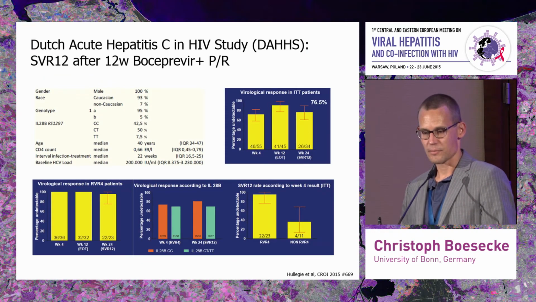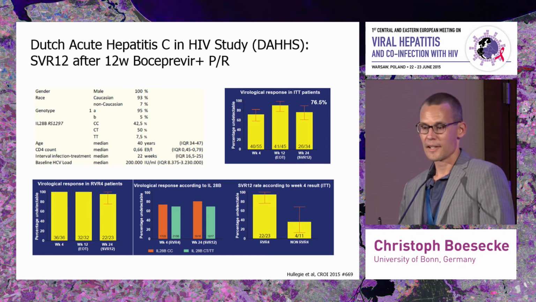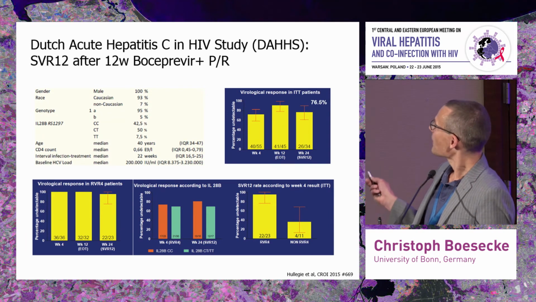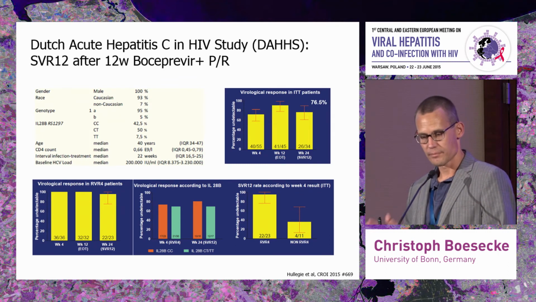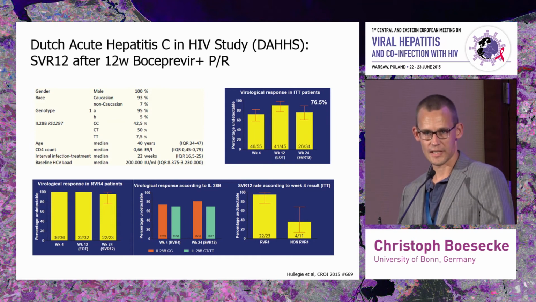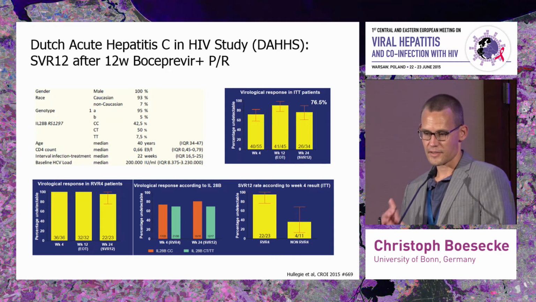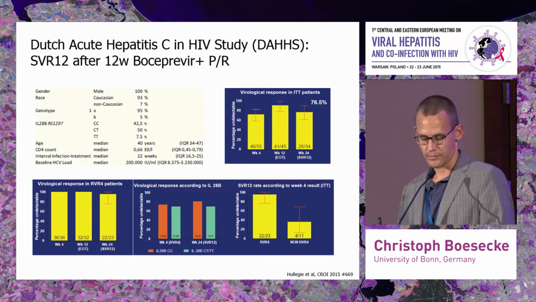And there's also now data from the Netherlands presented at this year's CROI. And when you look at the SVR rate, it's 76.5%, so it's really going down, and the delta you get just by adding a hepatitis C protease inhibitor is in this cohort just around 7 to 8%.